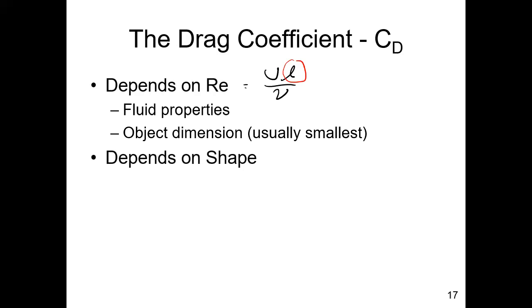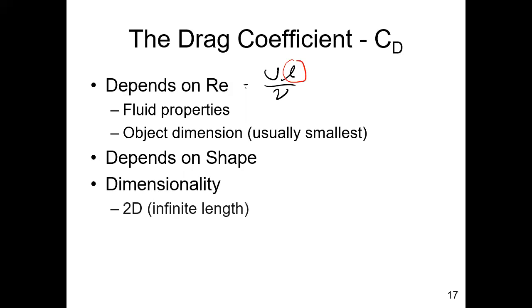The drag coefficient also depends on shape. The shape is affecting the weight. So you could have a flat plate completely normal to the flow or parallel to the flow, and you get a very, very different weight. And again, the dimensionality of the problem you're looking at.